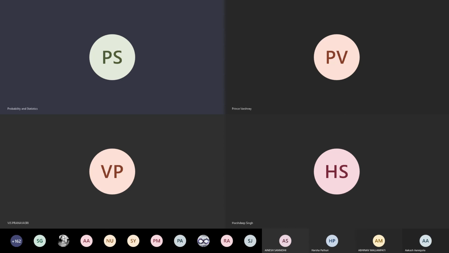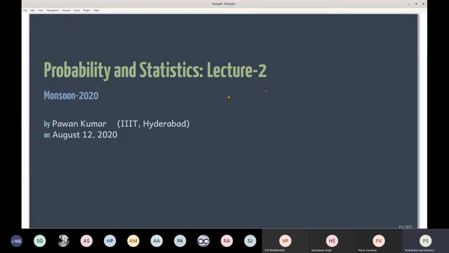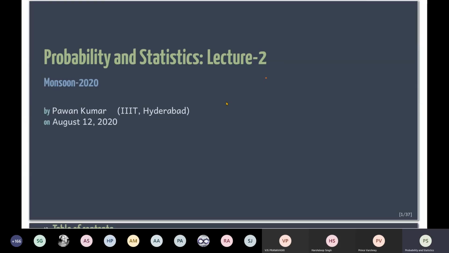Okay, so yeah, this PDF viewer is a little bit strange for me because I cannot do file open. I mean, this is very strange. It froze.